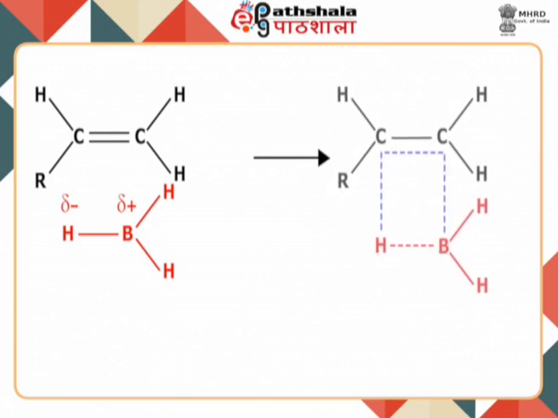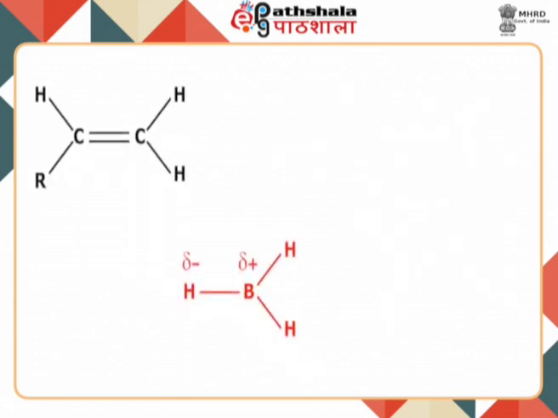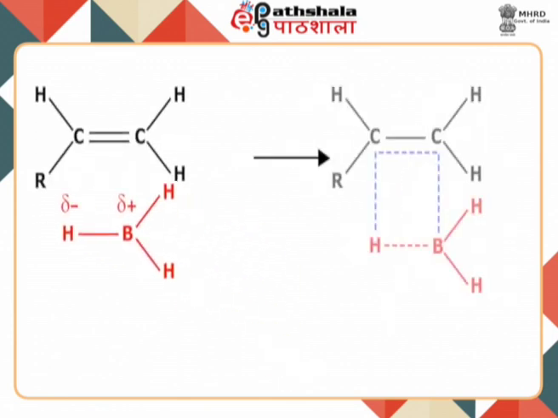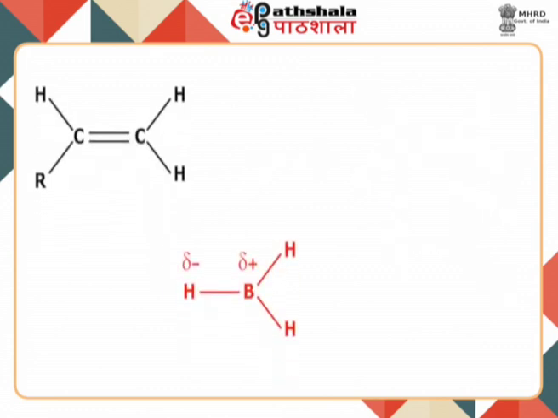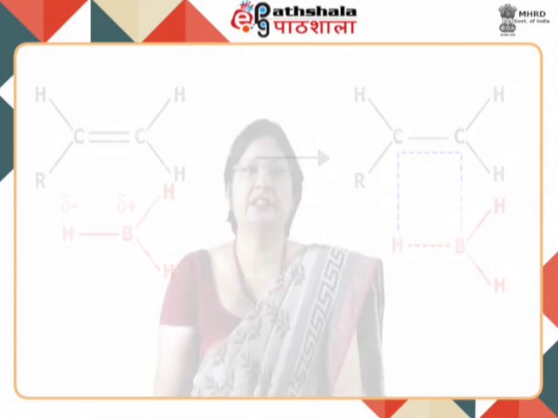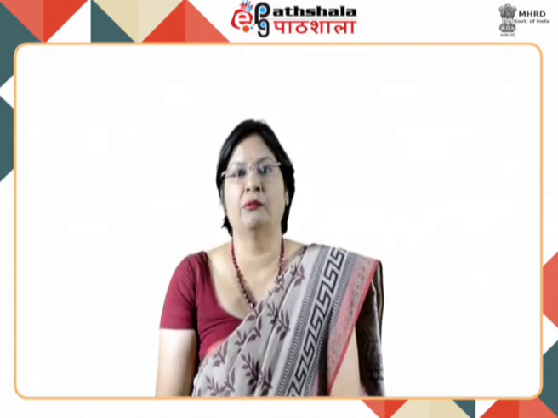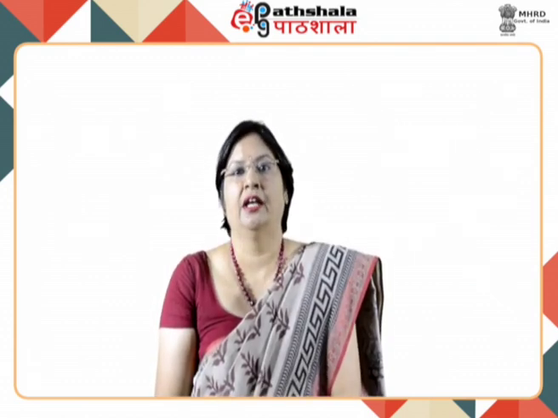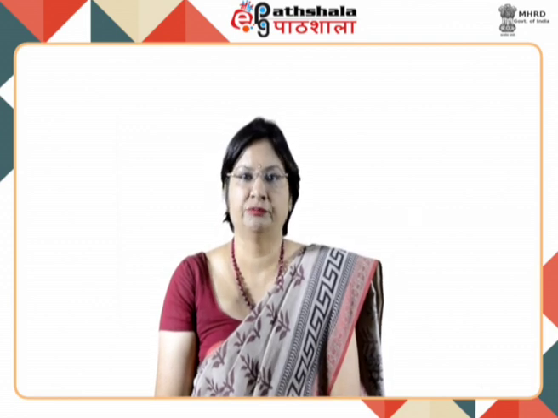Here the entire BH3 molecule is going to attack simultaneously, and that is what is called a concerted process. So, the reaction is a concerted process and no carbocation type intermediate has ever been isolated.